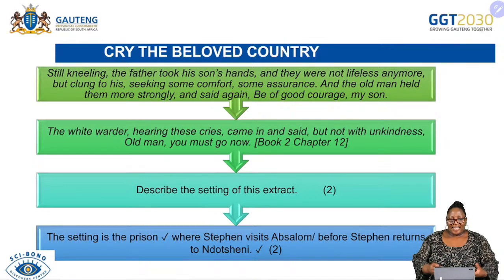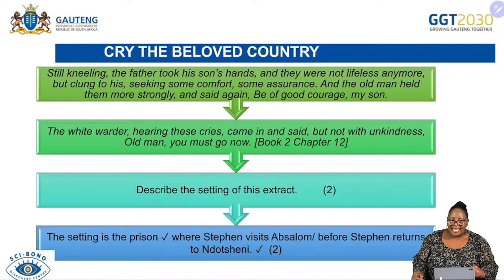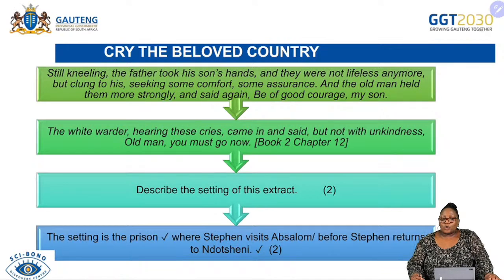And the old man held them more strongly and said again, 'Be of courage, my son.' The white mother, hearing these cries, came in and said, but not with unkindness, 'Old man, you must go now.'"